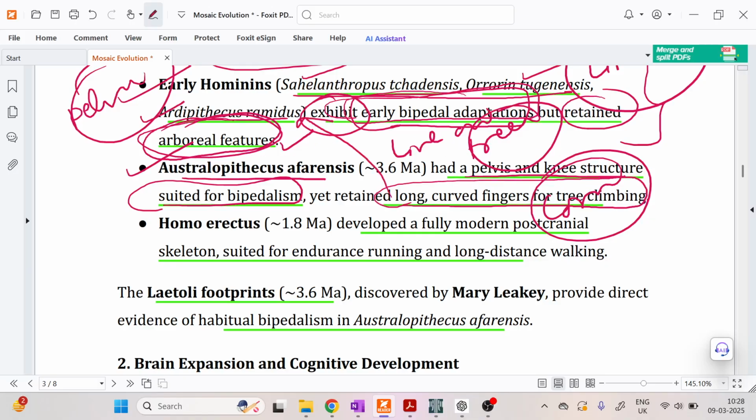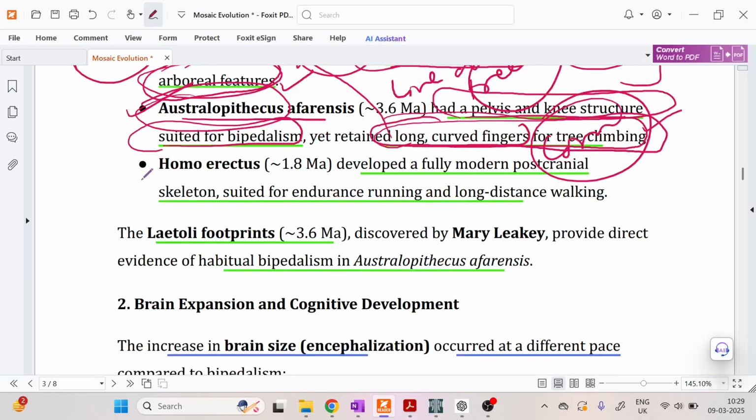That is, in the Australopithecus species maybe there were modifications, adaptations regarding bipedalism, yet it had longer hands and curved fingers that were needed for arboreal lifestyle. Then the third example, Homo erectus, that it developed a fully modern postcranial skeleton that was suited for endurance running and long distance walking.